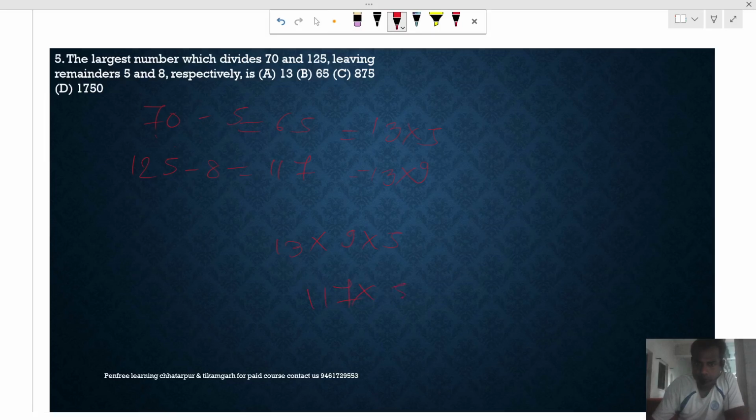117 into 5 is equal to, 7 5s are 35, 5 5s are 25, 585.